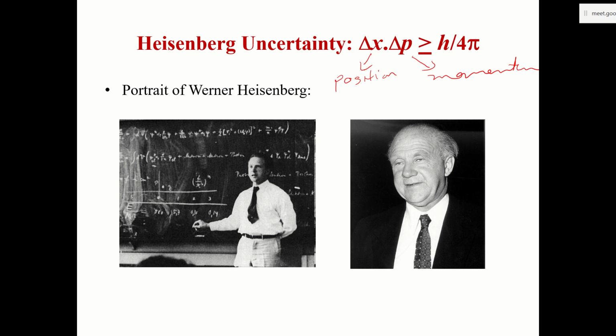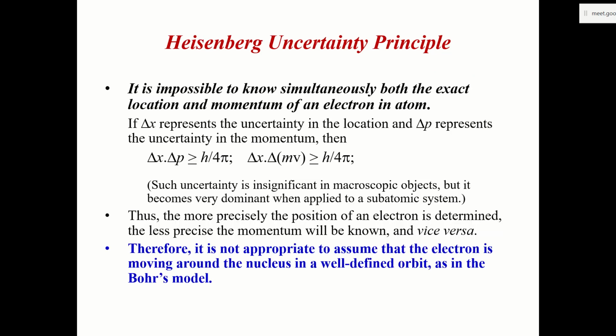Okay, so this Heisenberg uncertainty principle and this wave particle duality, all these concepts were taken into account, both these important concepts, uncertainty and wave particle duality, and then they were used to develop a new theory.